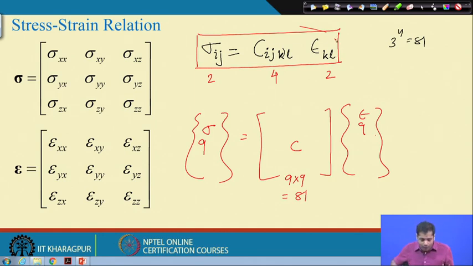So here starts the motivation for the next 2 weeks. We have to find out the relation between stress and strain, and we have seen that they can be related through another tensor, a fourth order tensor. We don't know what that fourth order tensor is. We don't even know whether such a tensor exists or not, or what its properties are.